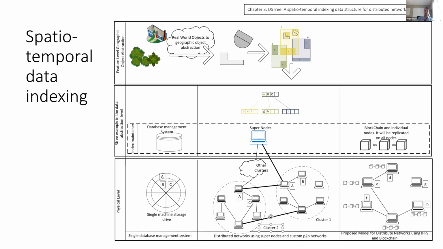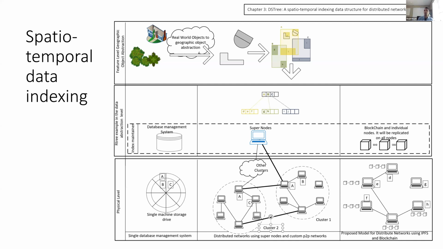Here is a summary of the abstraction of the data, from the geographical object to the data model that we use, and from the data model to the tree structure, which can be an R-tree, quad-tree, or any of those existing tree structures. In some of the approaches for peer-to-peer network data sharing, there were super nodes that are responsible for keeping that tree structure up to date for the network.